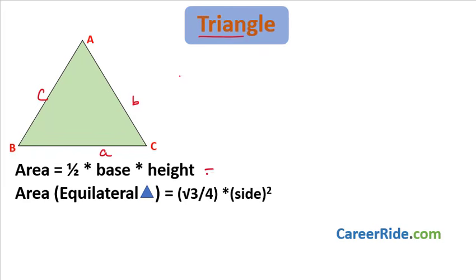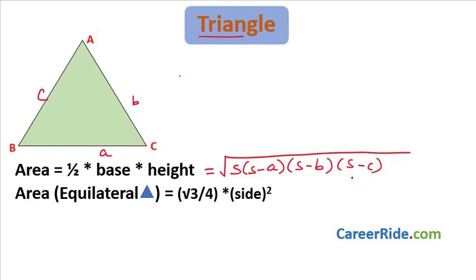Or if you are not able to apply this formula, you can use this formula: square root of S into S minus A into S minus B into S minus C, where S is equal to A plus B plus C, the whole thing divided by 2. A, B, C are the lengths of the sides of the triangle. So this is the formula that you can use in that case.